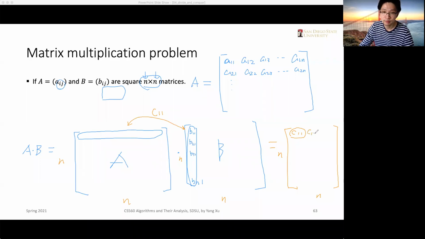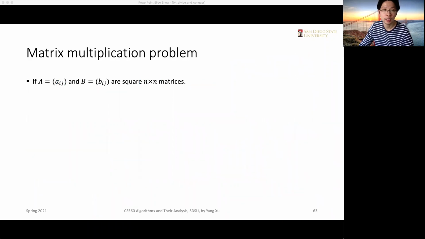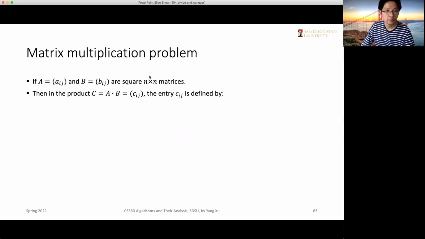So C12 is the dot product between the second column of B and the first row of A, right? So this is something we need to review a little bit here. Okay, so the nature of dot product. If we want to do all the reviews, we will need to trace back to the definition of vectors and the definition of dot product.